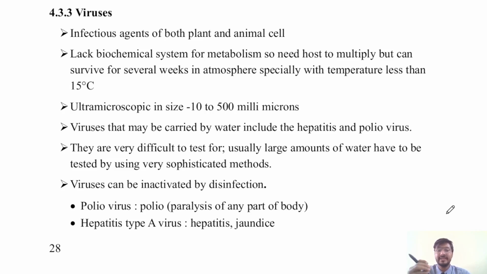The main characteristic of viruses in water is that they have no metabolic system. So viruses lack the biochemical machinery for metabolism and reproduction. Therefore, they need a host cell to multiply.